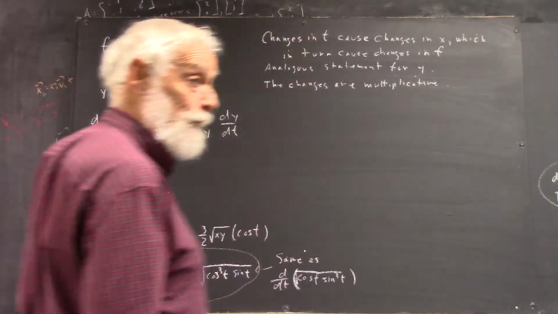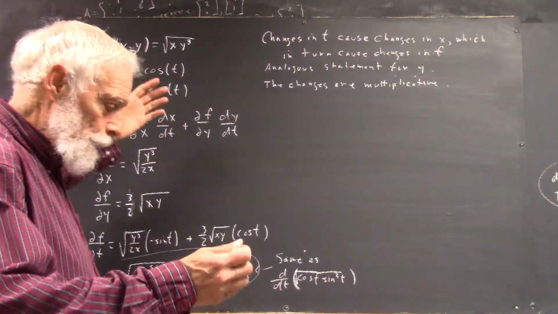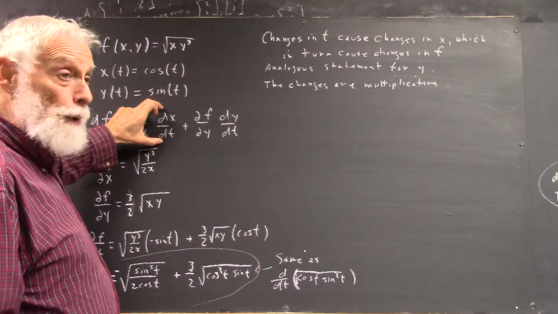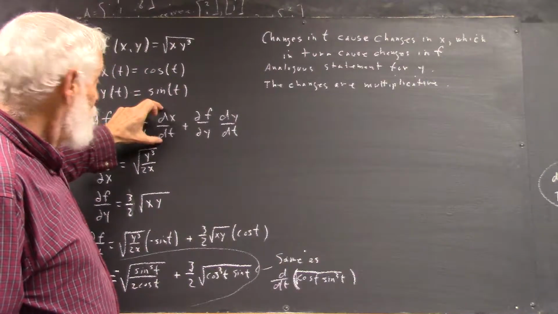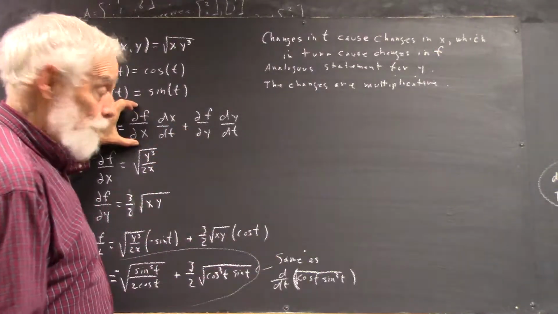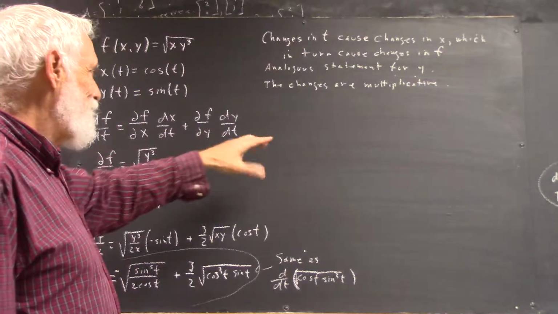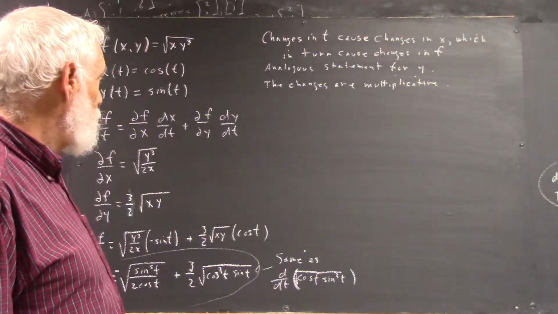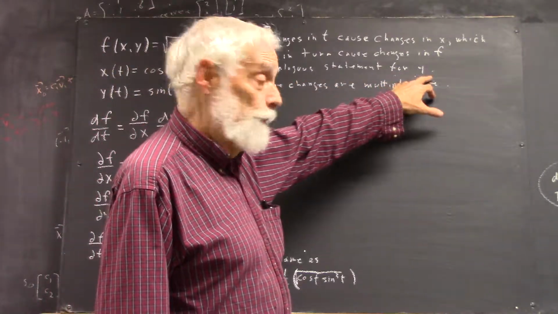Okay? So your change in t is magnified or contracted or whatever by this factor, and then f changes in response to that change. I could draw pictures, but that's an idea I kind of want you to wrestle with a little bit. And we'll draw a picture in a minute, but you have an analogous statement for y.